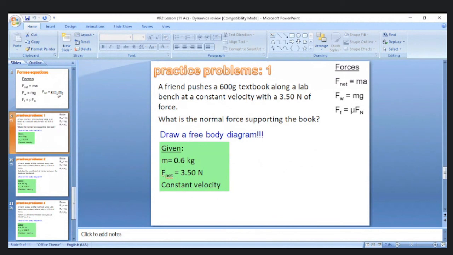Right, so here's another problem to solve. A friend pushes a 600-gram textbook along a lab bench at a constant velocity with 3.5 newtons of force. What is the normal force supporting the book? Okay, so start off again by drawing my free body diagram.